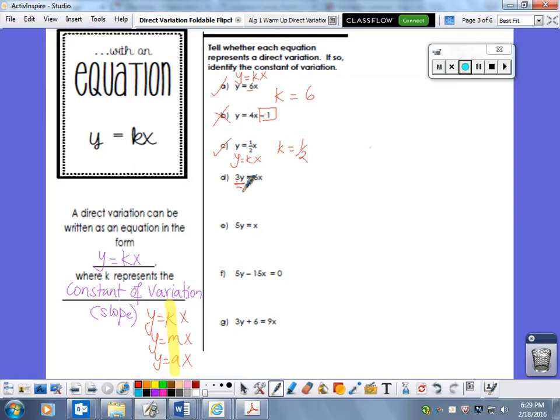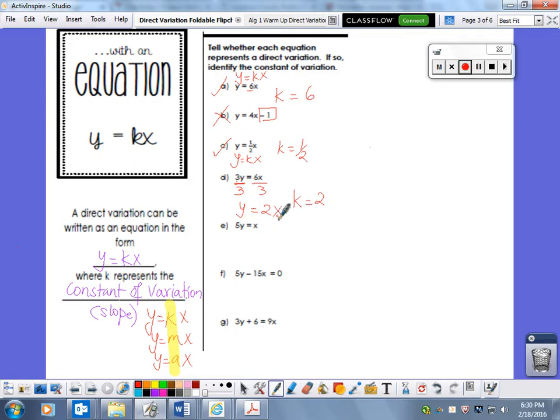I don't want the 3 over there. So do the inverse operation because it's 3 times y. Now you have to divide by 3 on both sides so that you have just y on the left side of the equation. So when you simplify this, it's going to be 2x, or 2 times x. So in other words here, k, or the constant of variation, is 2.